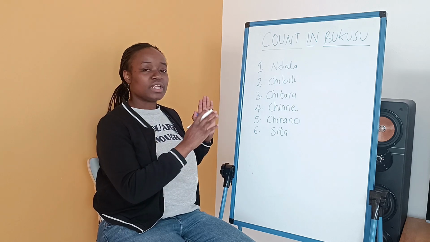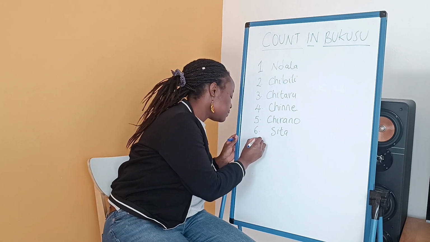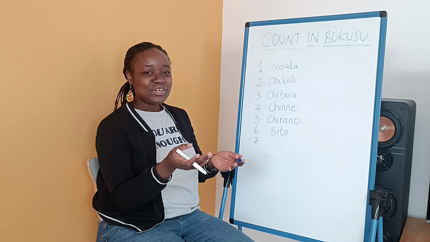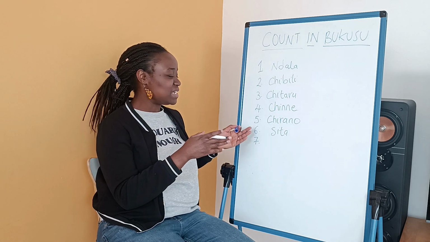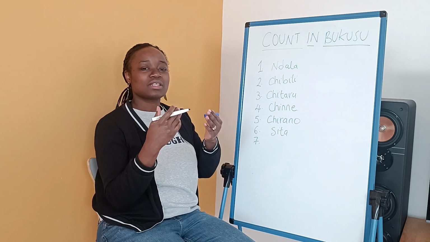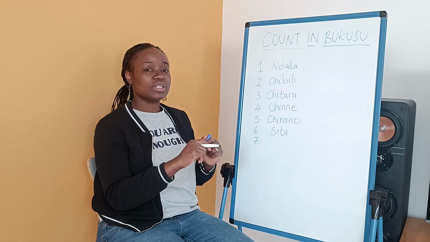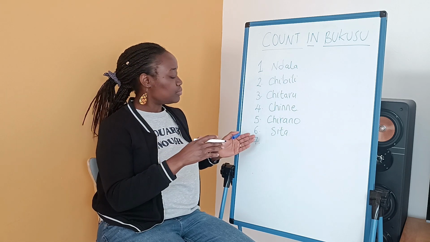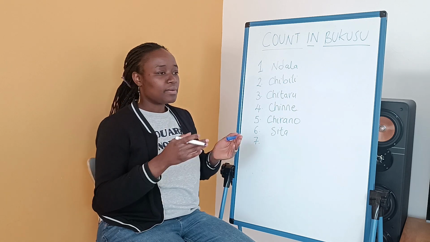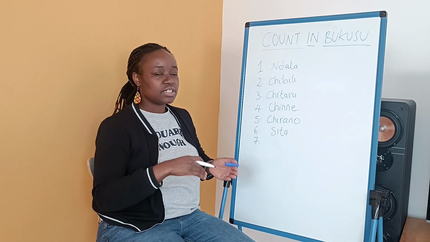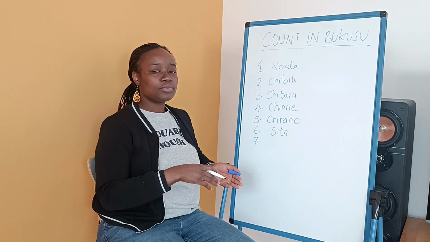Okay? So the next number is 7, saba. If you're a Swahili speaker, you could have probably guessed, because saba is the same word in Swahili, just the pronunciation is different. In Swahili we say saba, but in Bukusu we say saba. Vavandu saba, shilingi saba, vitabu saba.